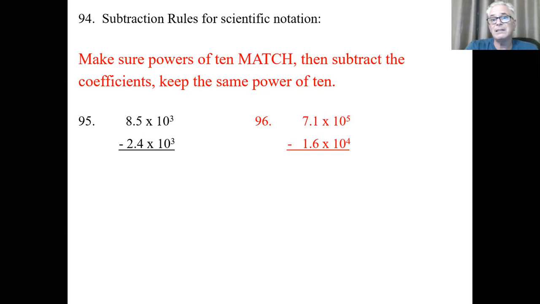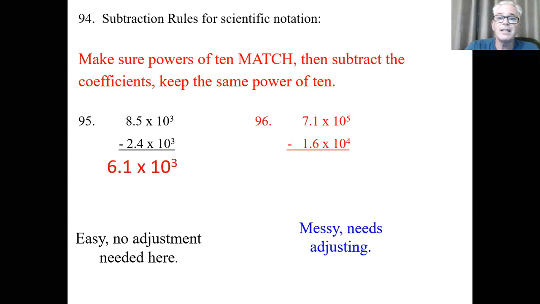The other one, you got to figure it out. Let's see what I did. Oh, there we do. Now the second one needs to be adjusting. And I forget in the next slide which way I went. You can make them both 10 to the fifth, which means it will be 7.1 times 10 to the fifth minus. Now, if we make the exponent bigger, we got to make the coefficient be 0.16 times 10 to the fifth.